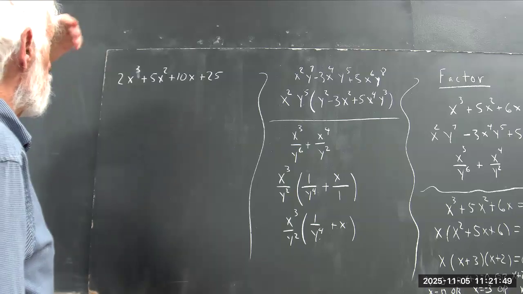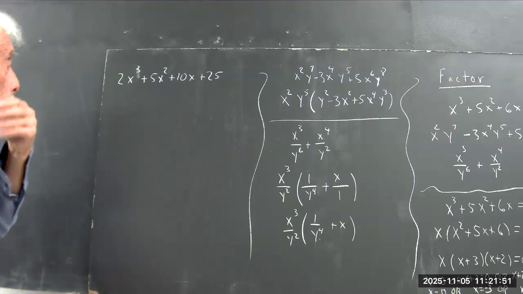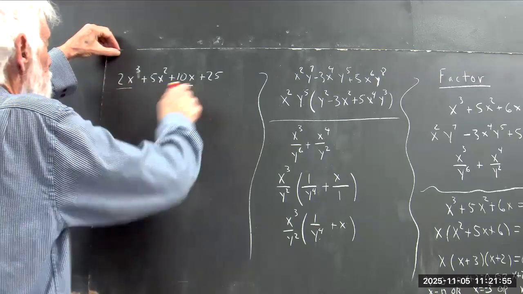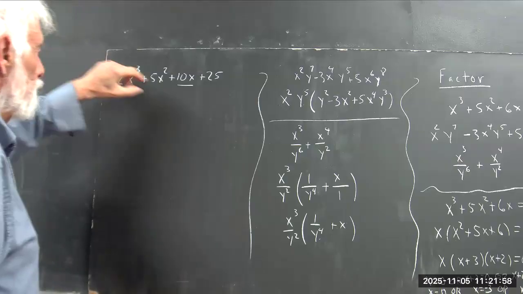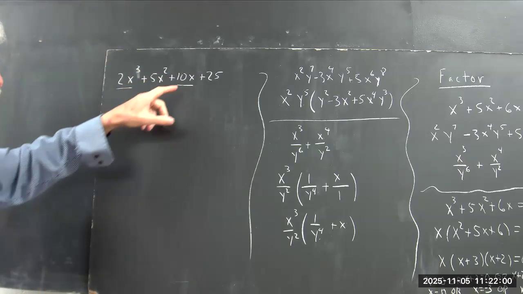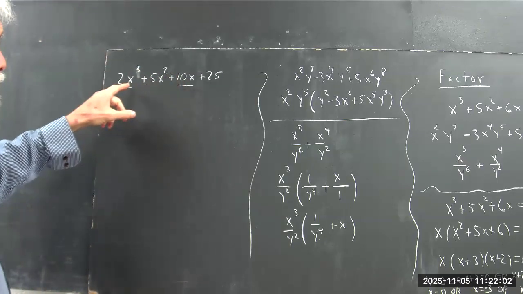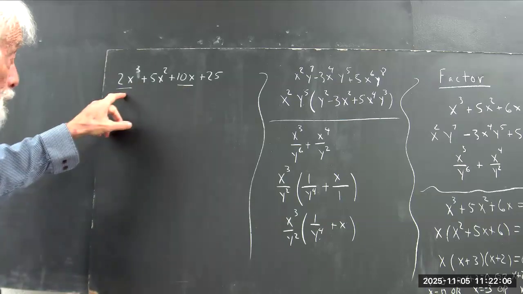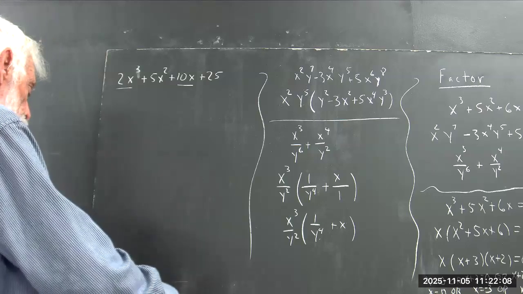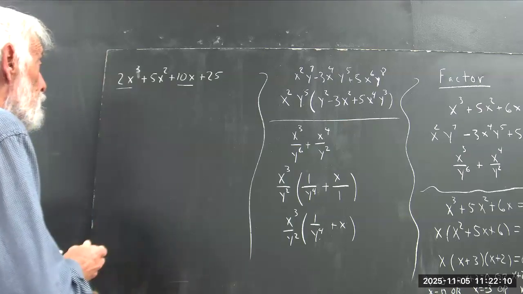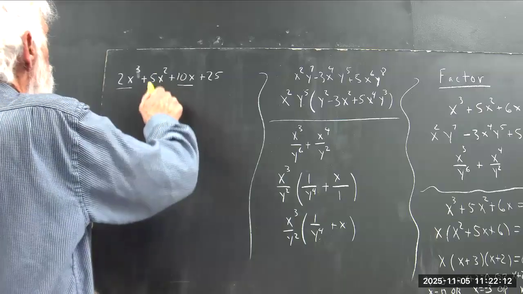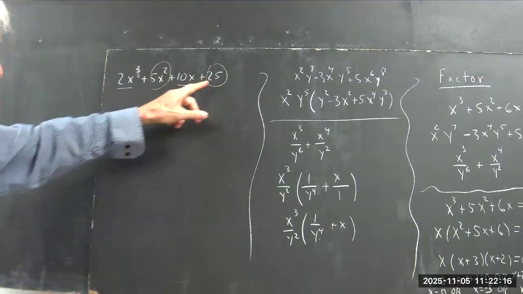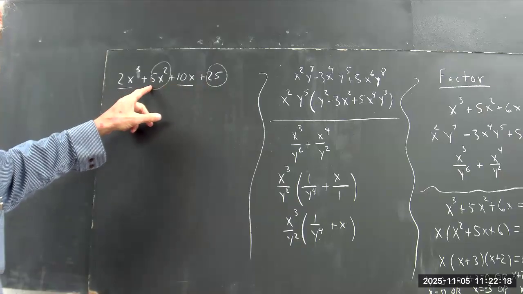But I can do this little trick. I notice that if I skip one of these, take this one and this one, that 10 is 5 times 2, right? So this number is 5 times this number. And we do the same thing with these two numbers. This number here is 5 times this number.